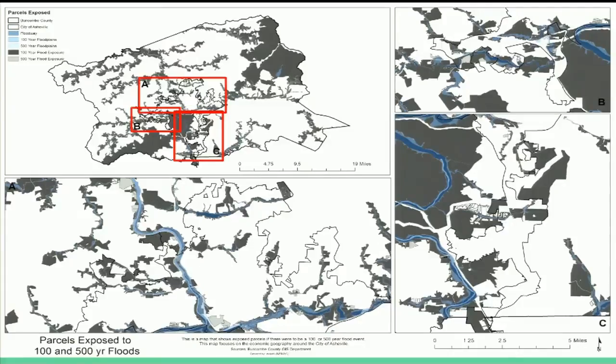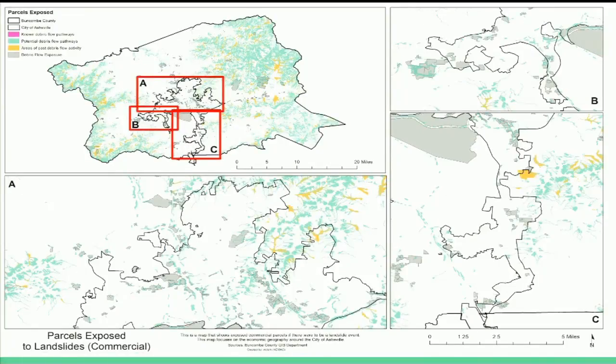Parcels exposed to 100 and 500 year floods, and landslides and debris flow pathways. So these are just three threats applied to one asset, and it can be a multitude of threats and assets.